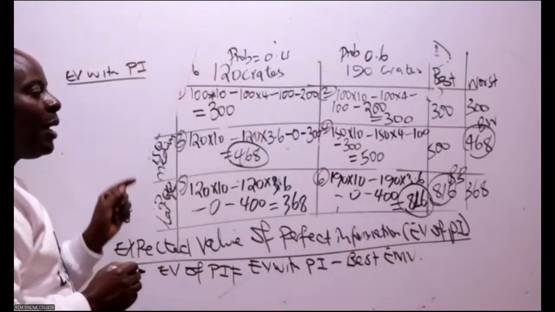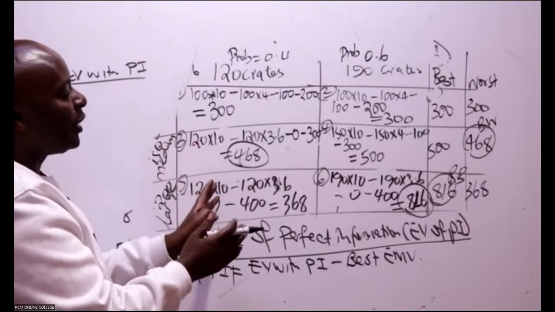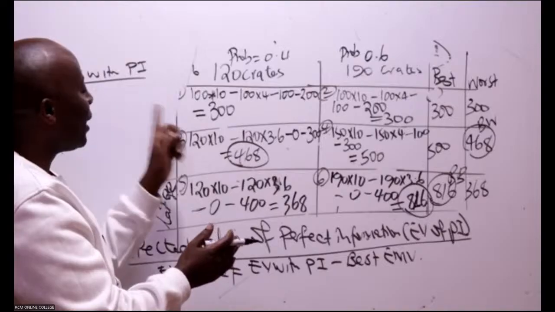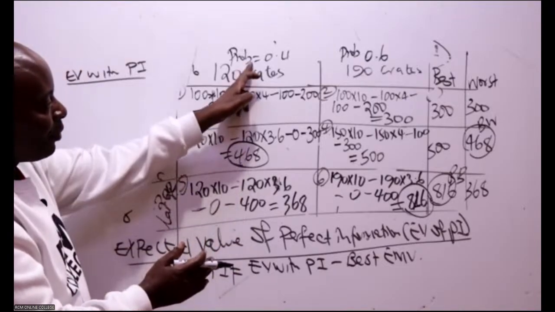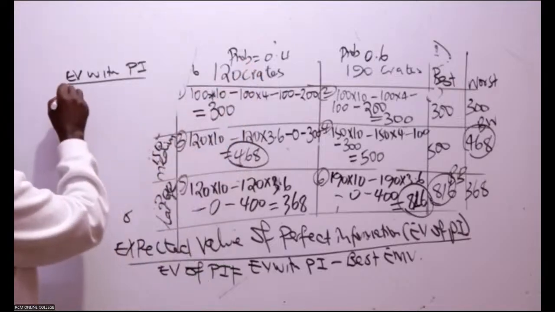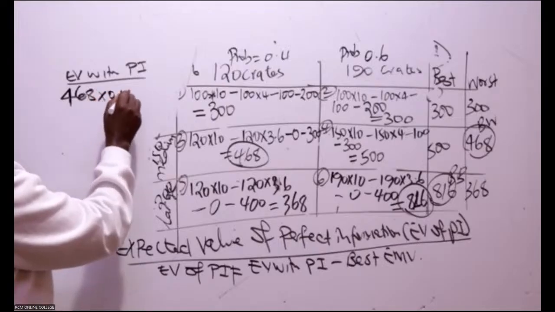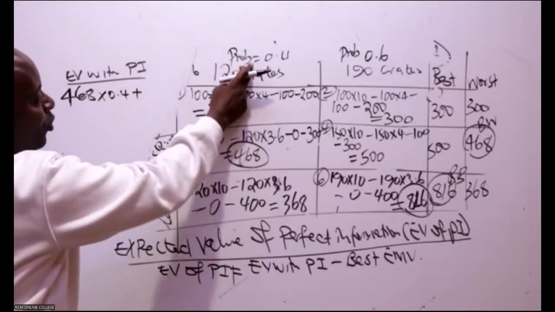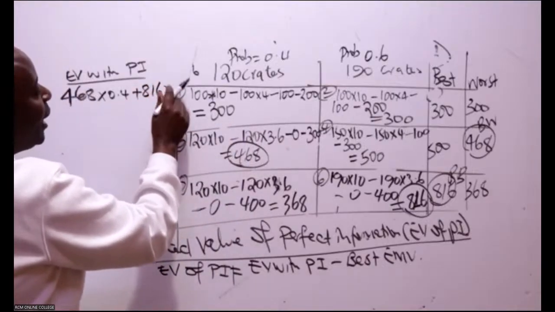Once you've selected and circled the very best, please average them. Averaging them means, because of the word expected, that you take the figure in this column times the probability. So expected value with PI will be 468 times 0.4 plus 816 times 0.6.